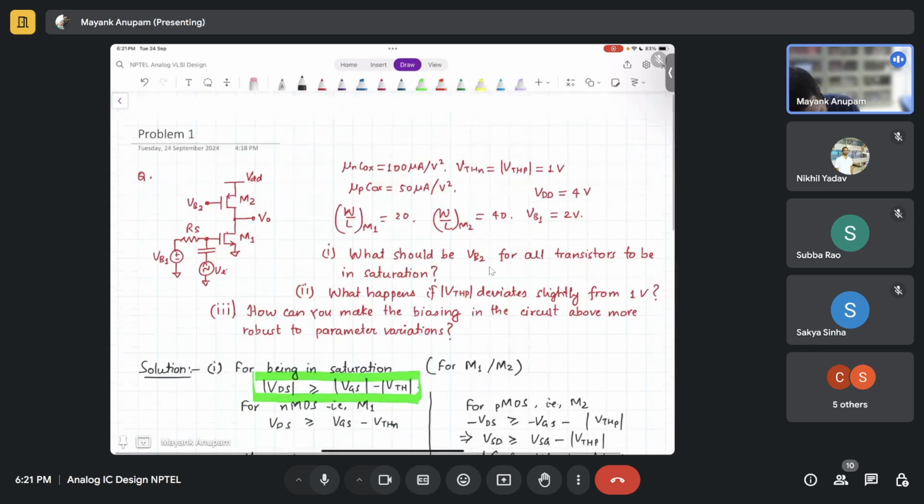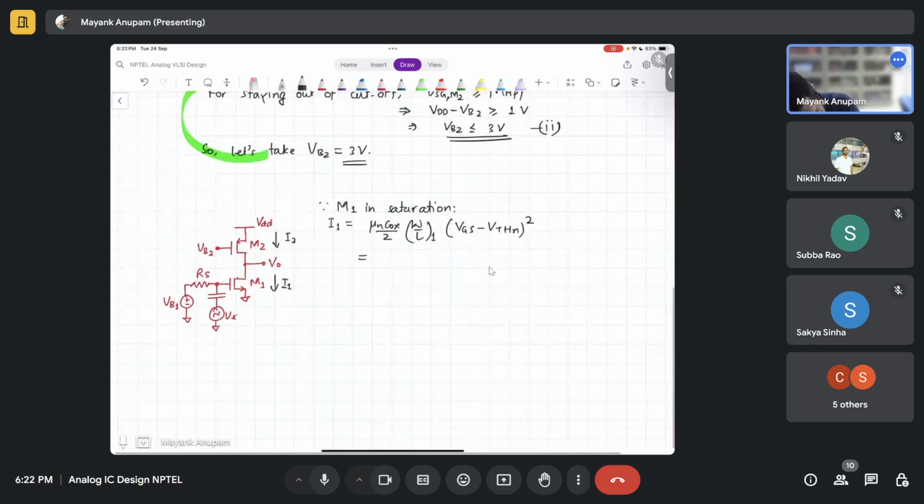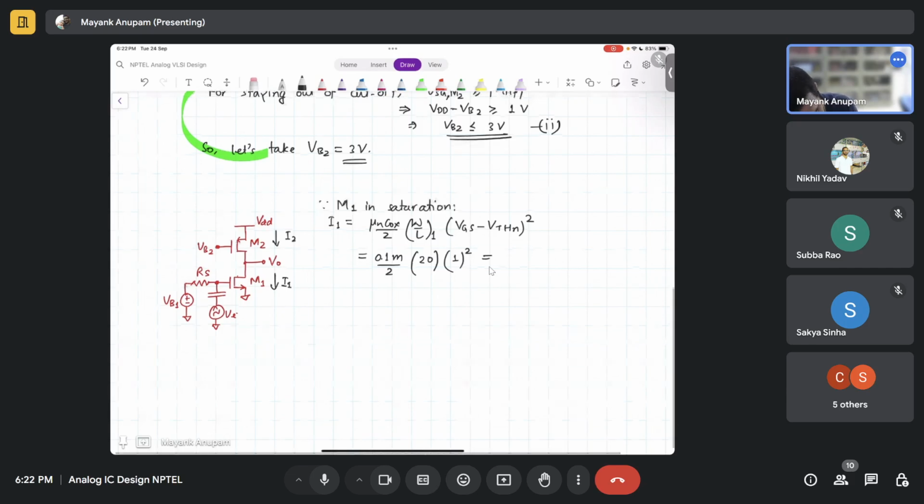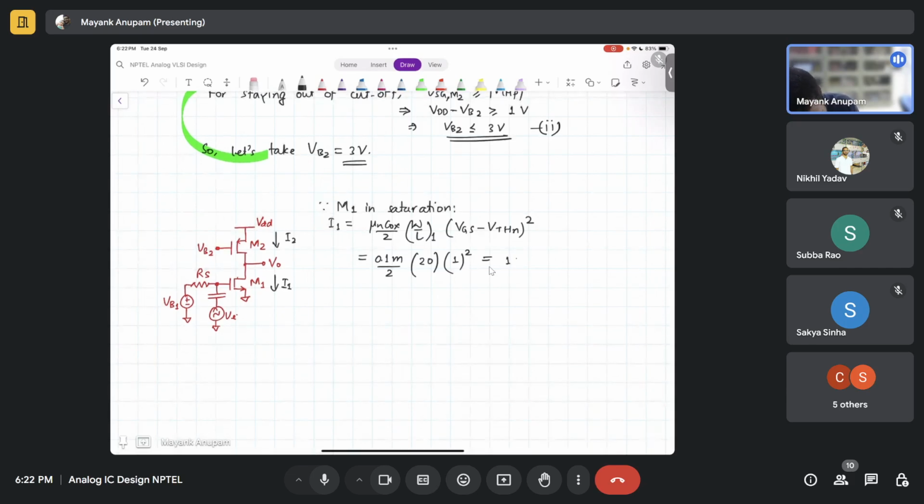Mu n Cox is how much? 100, right? So 0.1 milli divided by 2 into W by L1 is 20 into VGS minus VTH, this is 2 minus 1, so it is 1, the whole square. That will become how much? 10 into 0.1 is 1 milli, right? 1 milliampere, right? I1 is 1 milliampere.